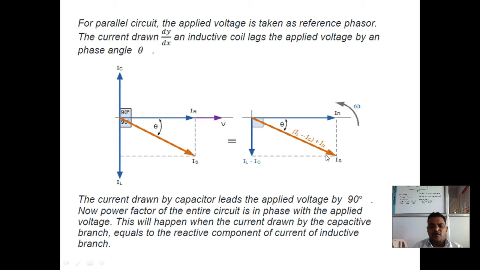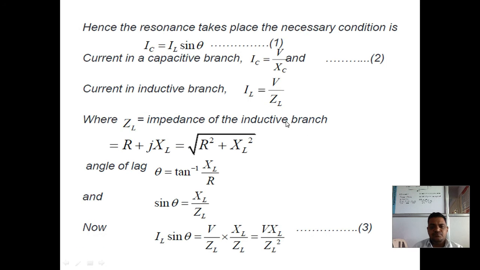The source current I of S is the combination of IL minus IC, and the angular frequency varies in the anticlockwise direction. Hence, for resonance the necessary condition is that the current flowing through the capacitor IC is equal to I of L into sine theta. This is equation number 1.